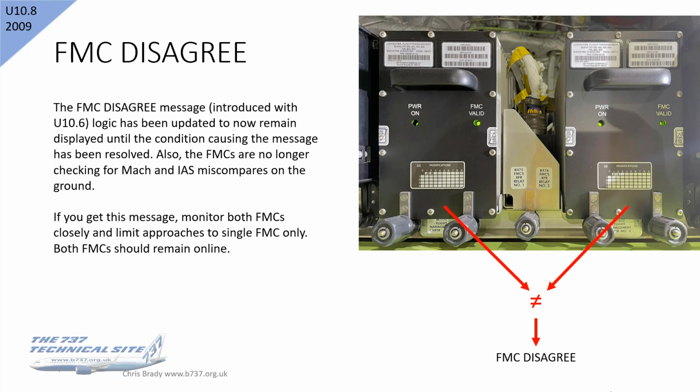It used to disappear. How helpful was that? Also, FMCs are no longer checking for Mach and IAS miscompares on the ground, which, looking back at it in the cold light of day, you'd wonder why it would ever compare Mach when you're on the ground. But anyway, it did. Now it doesn't.